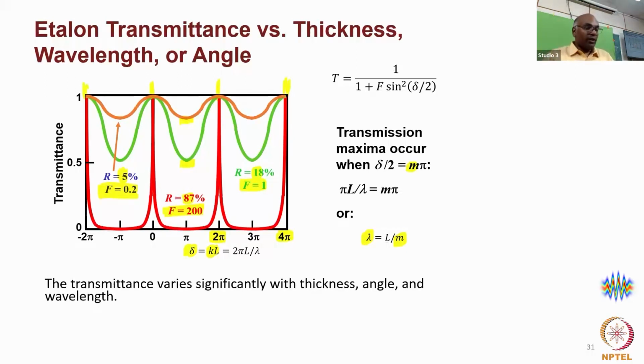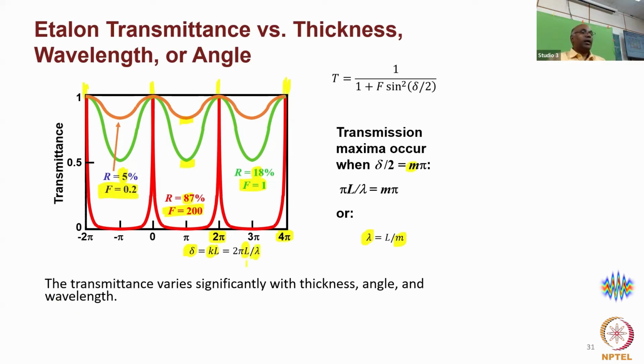So transmittance now varies as a function of delta, and delta can be varied by varying L. It is 2 pi L by lambda, so it can be varied by varying L. It can also be varied by varying lambda.